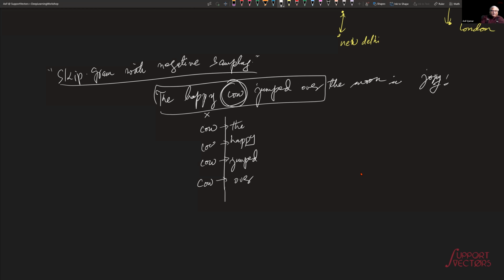Right? And then what we do is we do negative sampling. We deliberately take, let's say, cow, and randomly pick a word from the vocabulary. All right. So, for example, let us say that we take a word, a DC motor, cow, and, what should I say?